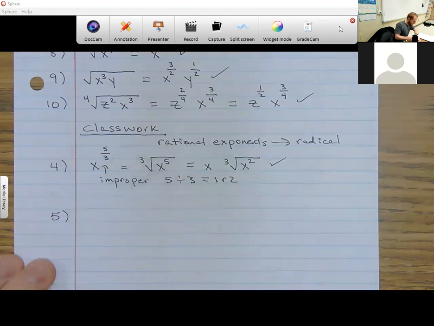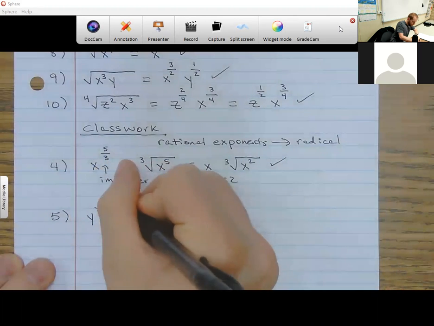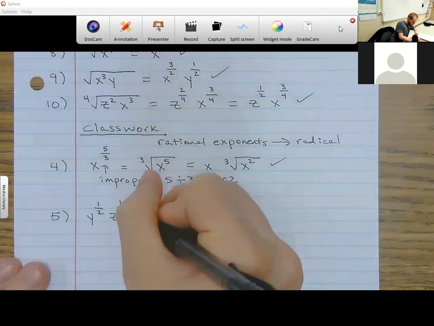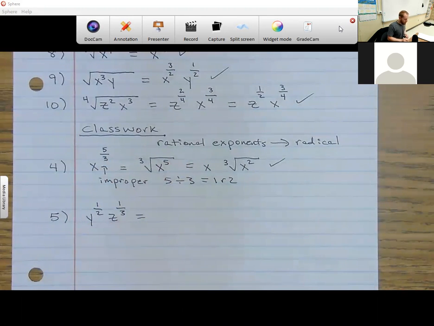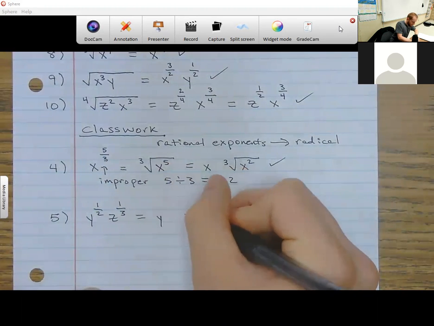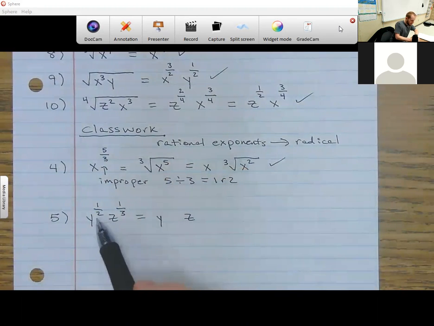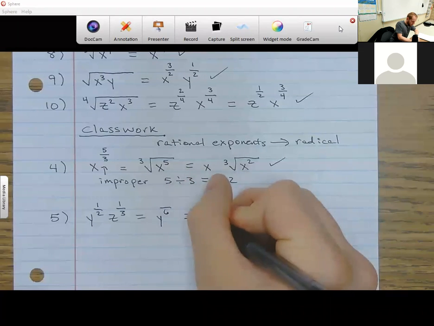Okay, so 5 says y to the 1/2 power and z to the 1/3. This time I have 2 different denominators. So before I go ahead with this, I have to find an LCD. So I'm going to have a y, I'm going to have a z. I know that 2 and 3 can both become 6. So that's my new denominator.